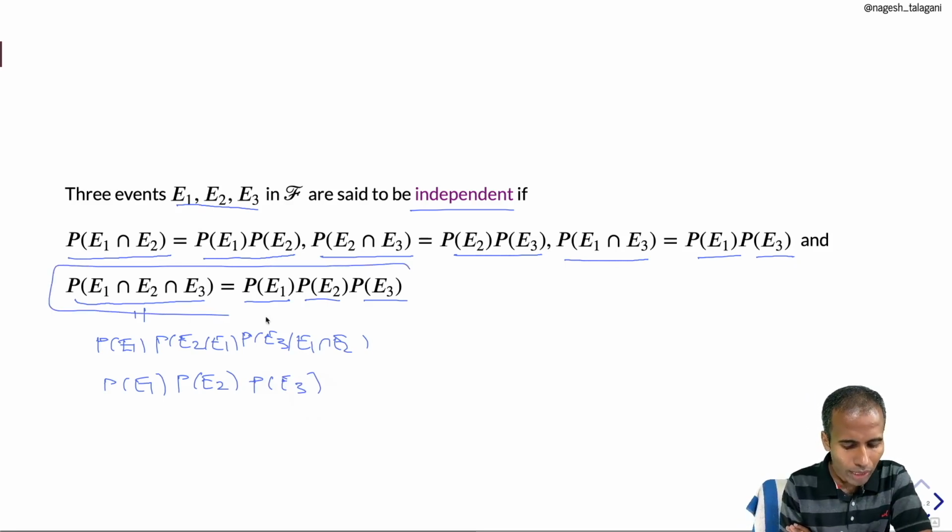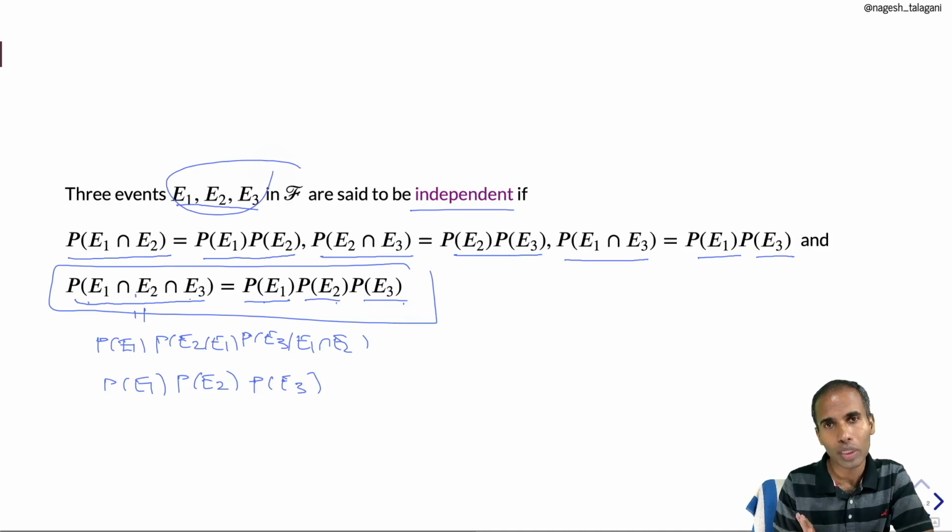So we should also have this one: the probability of E1 intersection E2 intersection E3 should equal probability of E1 times probability of E2 times probability of E3. If these four conditions hold, then we say E1, E2, E3 are independent events, mutually independent.